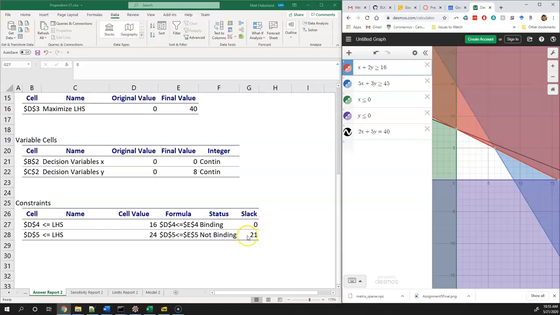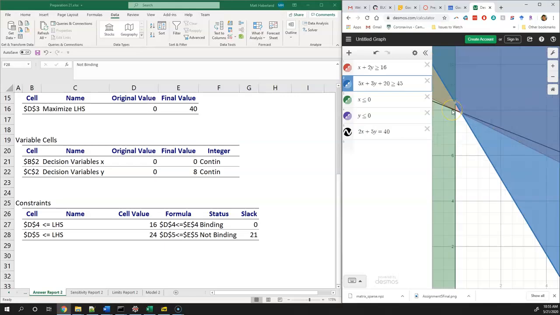However, the slack value of the blue constraint, it's not binding, this blue constraint here. This is telling us that we can add or subtract 21. Let's see, if we subtract 21 from this, okay, so we can add 21 to the left-hand side, subtract 21 from the right-hand side. If we add 20 to it, no problem, the optimal solution doesn't change.